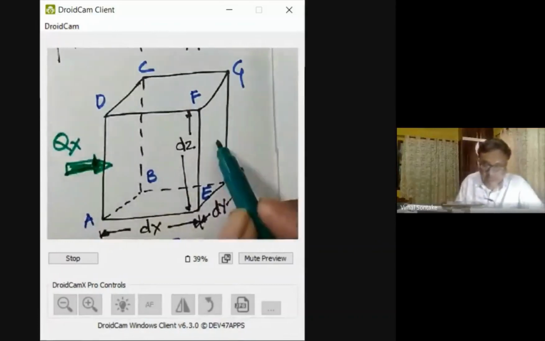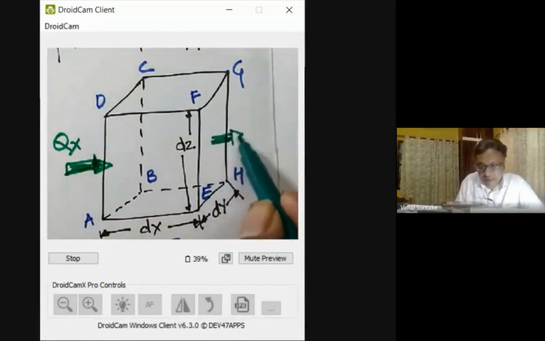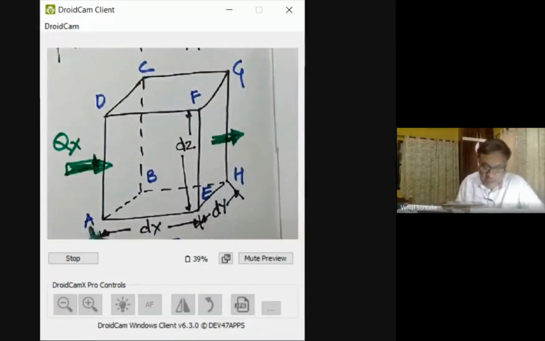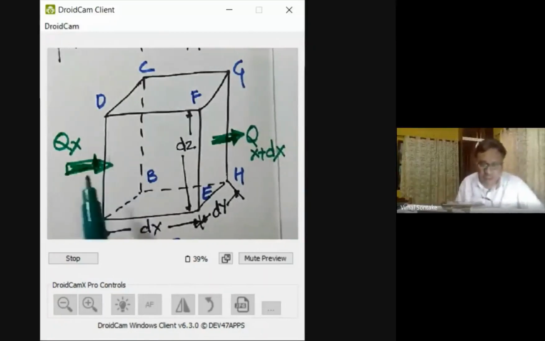Let us say heat flow out of this element at the right face EFGH at a distance of x plus dx is Q suffix x plus dx. So these are the heat transfer taking place into the element from left face and right face.